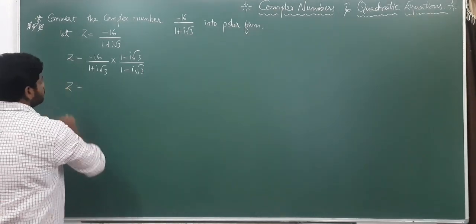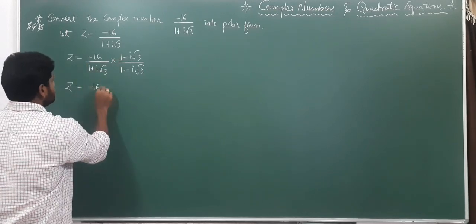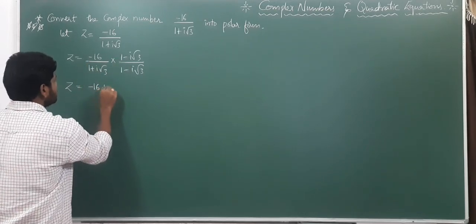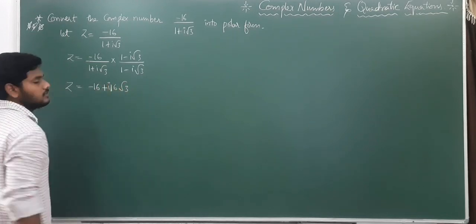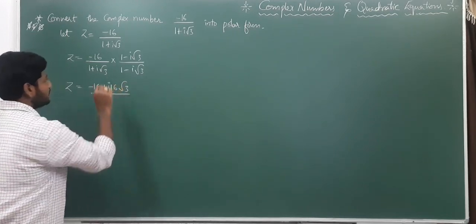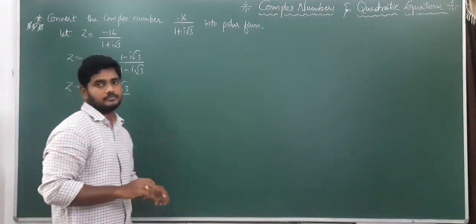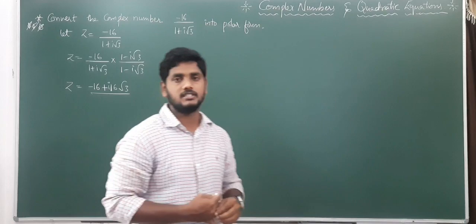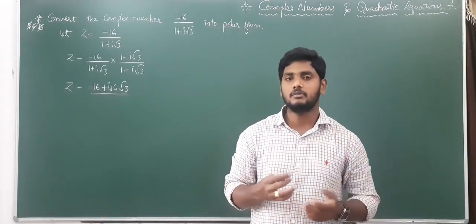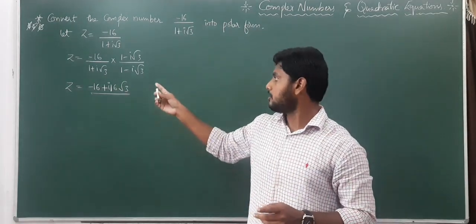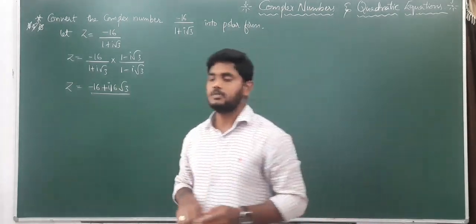So z is equal to minus 16 into 1 is minus 16, minus into minus is plus, so plus i into 16 root 3, divided by, if you observe, this is in the form of a plus ib into a minus ib. In the previous class we discussed that formula. Generally a plus b into a minus b is a square minus b square, but for complex numbers, a plus ib into a minus ib gives a square plus b square.